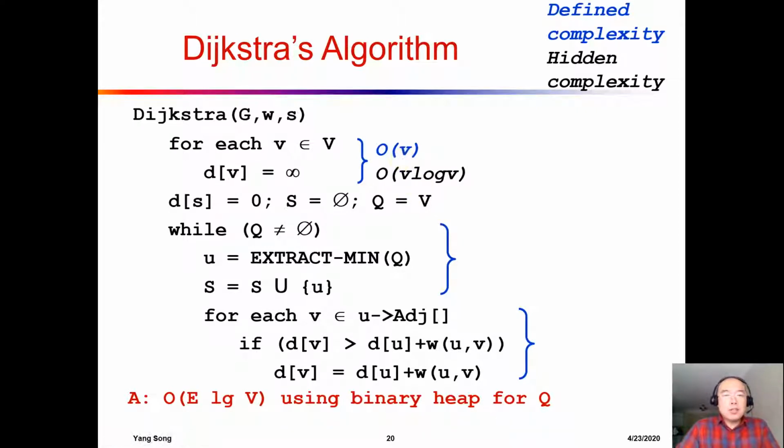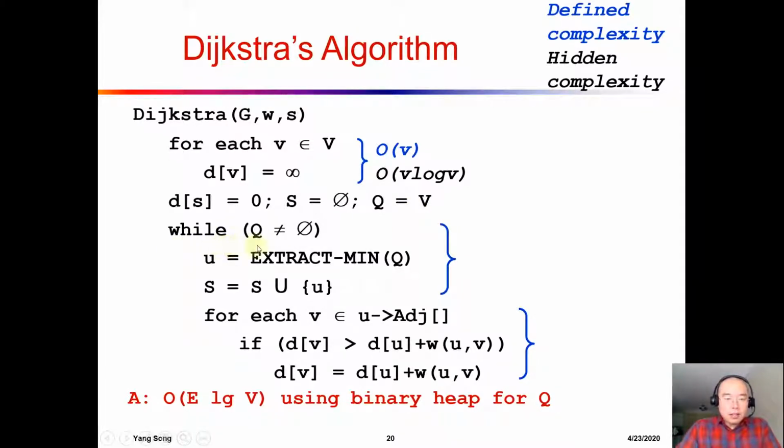All the values are infinity, however we still have to build a min heap. To build a min heap, that is V log V. Those are the definitions, and they can all be done in constant time.